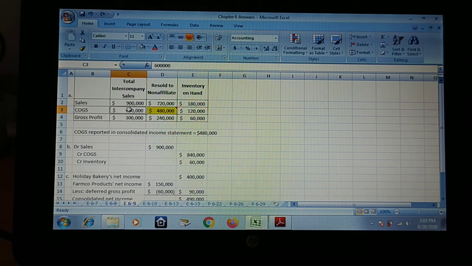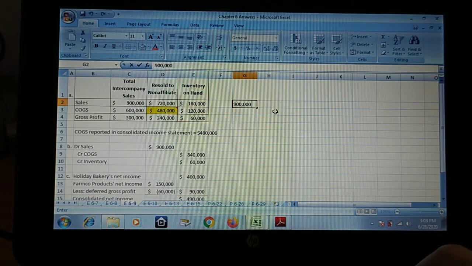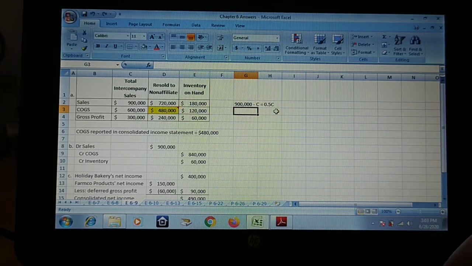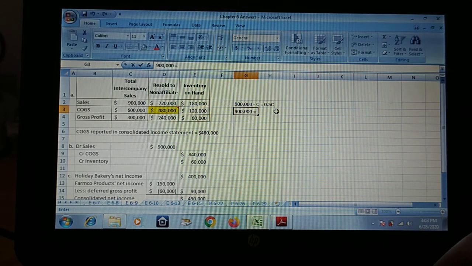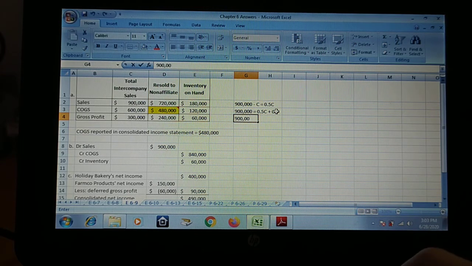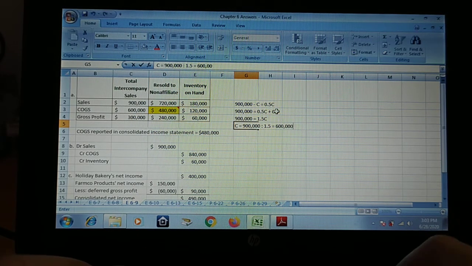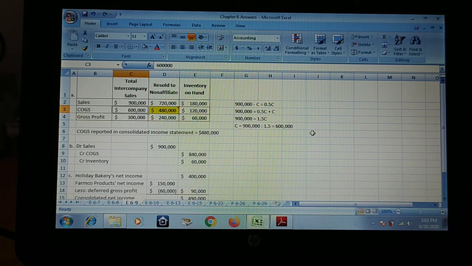Since the COGS is still blank, we can call it C. So 900,000 minus C equals 0.5 C. Then 900,000 equals 0.5 C plus C, so 900,000 equals 1.5 C. C equals 900,000 divided by 1.5, which is 600,000. So that's why here the COGS is 600,000.